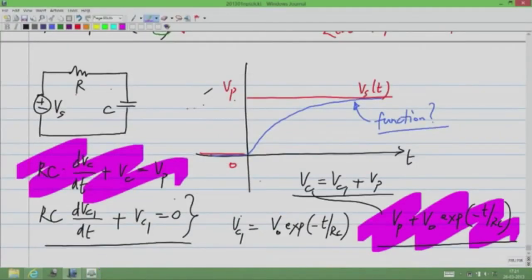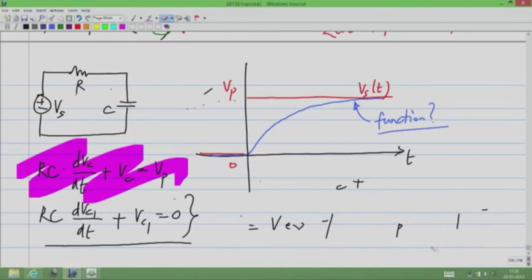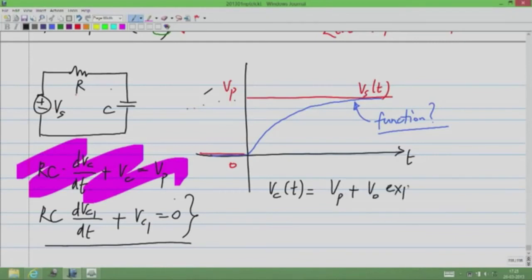So now we have to evaluate the value of V naught. What we will do is, I know that Vc of t is Vp plus V naught exponential minus T by Rc, and if I substitute t equal to 0, what will I get?